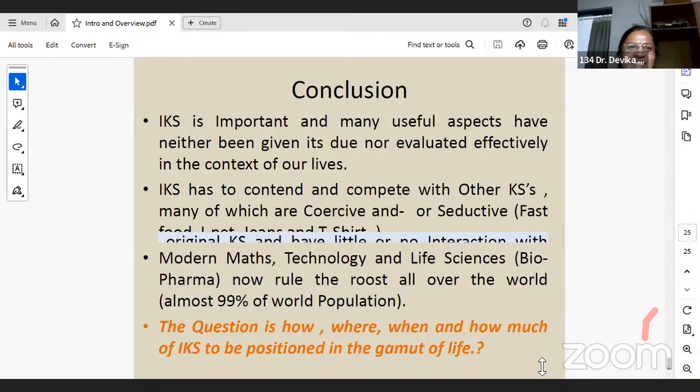Secondly, I have also given an indication of what type of answer it will be by saying, can we be as productive in modern times with our knowledge system? If, for example, everyone wants to make Ayurvedic medicine, it cannot be done.